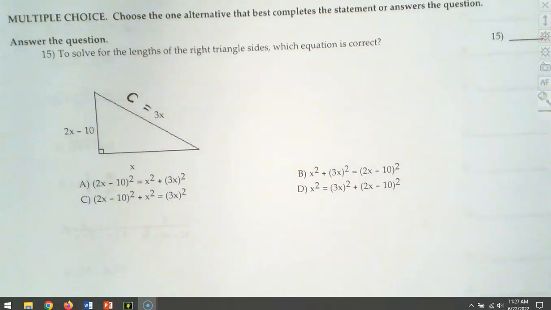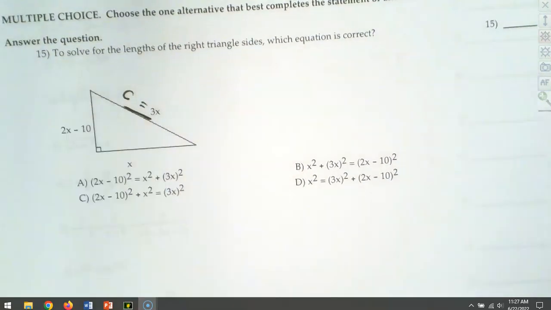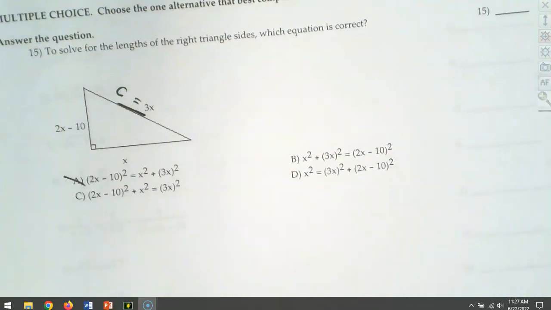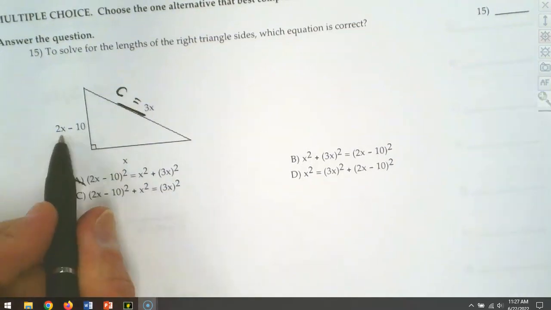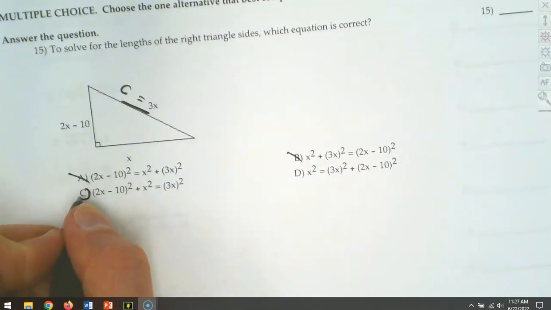Why is it not A? Because B is in front. Right. The C has to be by itself. So this one is not going to work. So A is not going to work. What about B? Does B work? No, because they put this one in front. What about C? Does C work?